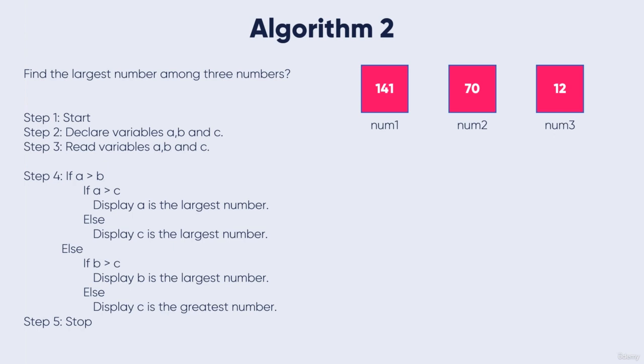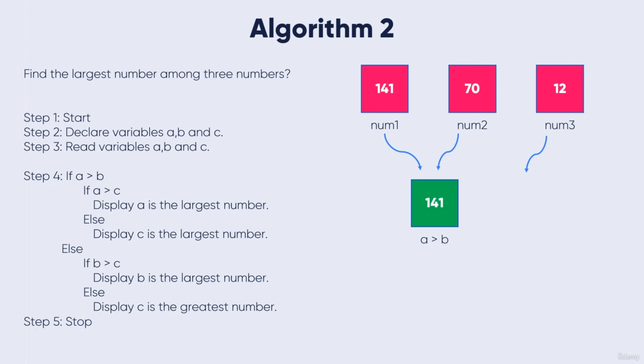So we have declared variables, initiated the data inside them, and stored the data entered by the user inside them. Now we need to make the comparison. So if num1 is greater than num2, and this is the case here, we took num1 as the bigger between num1 and num2.